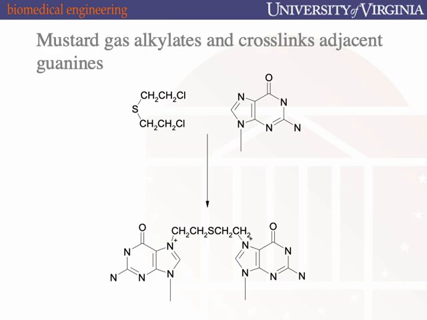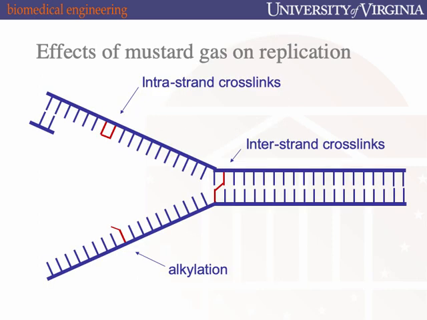Double strands are pretty close to one another. Two guanines could conceivably be close to one another, and you still have another one of those modifications that can occur. And so if there are two adjacent guanines in the sequence, either on the same strand or on opposite strands, now you have a covalent cross-link between those two. Same type of chemical modification. Those cross-links can occur within the same strand if you go GG.